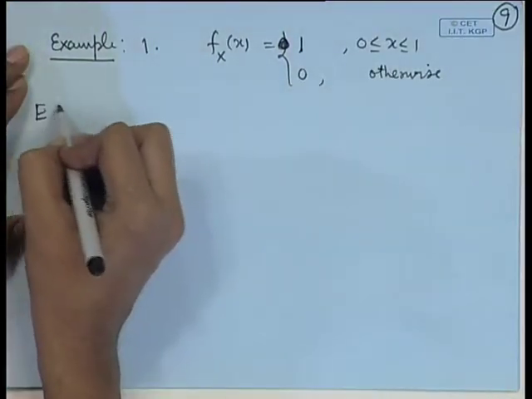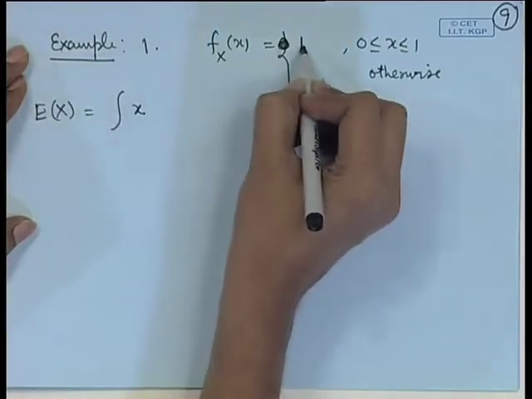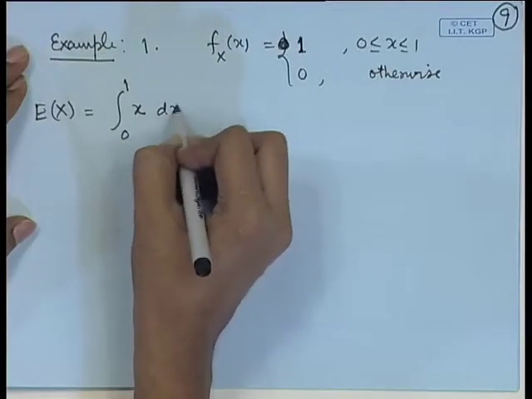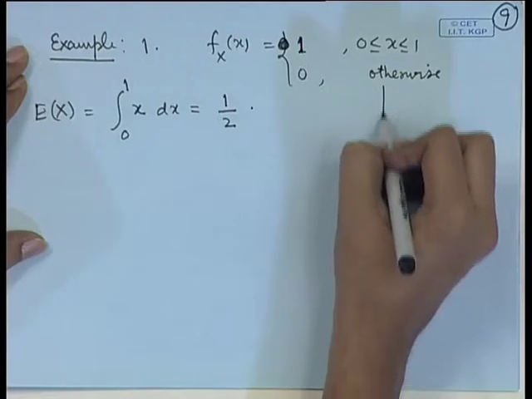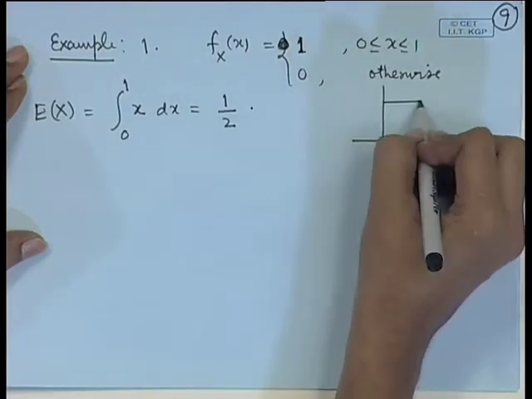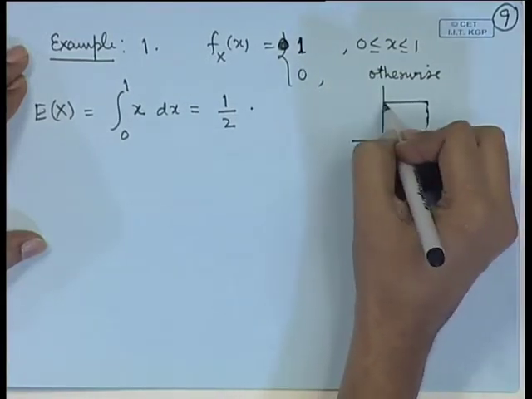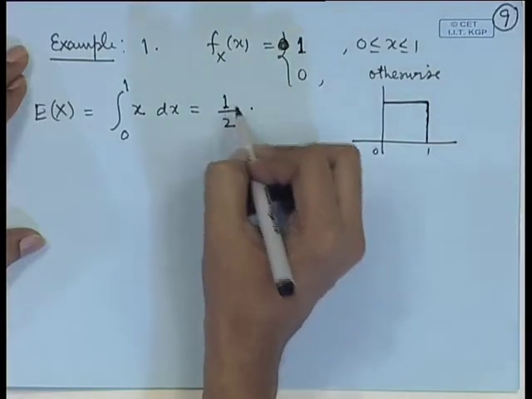So, expectation of x will become equal to integral of x into f(x), that is equal to 1 in this interval, and therefore, you will have basically only this term, which is equal to half, which looks reasonable also, because if you plot this distribution on the 0 to 1 interval, it is actually a constant value, and therefore, the mean value must be the middle value, that is half.